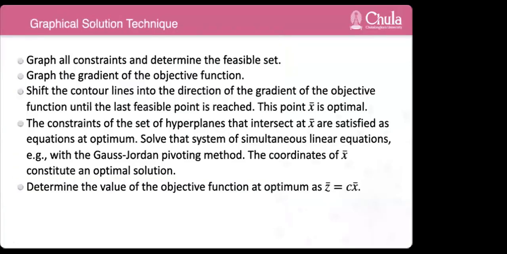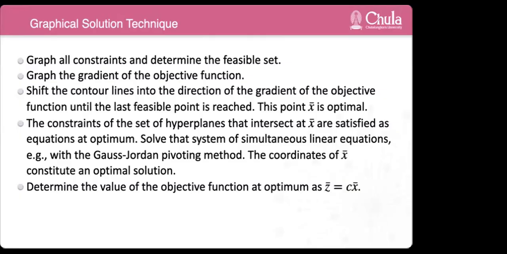Okay, so let me conclude. The technique we use to solve a very simple linear programming problem using graphical solution: the first one, you graph all constraints and determine the feasible set. Then graph the gradient of the objective function.